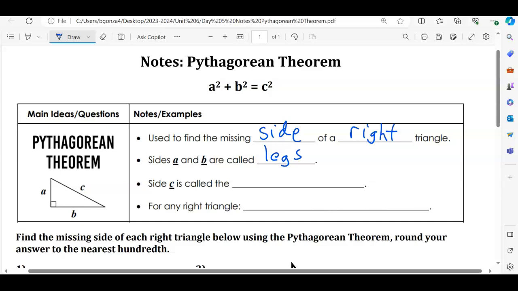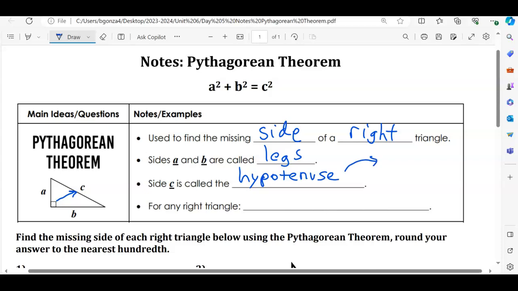So imagine standing at 90 degrees. Awkward. Okay, but that's what it looks like. Side C is called the hypotenuse. Hypotenuse is always across from 90.